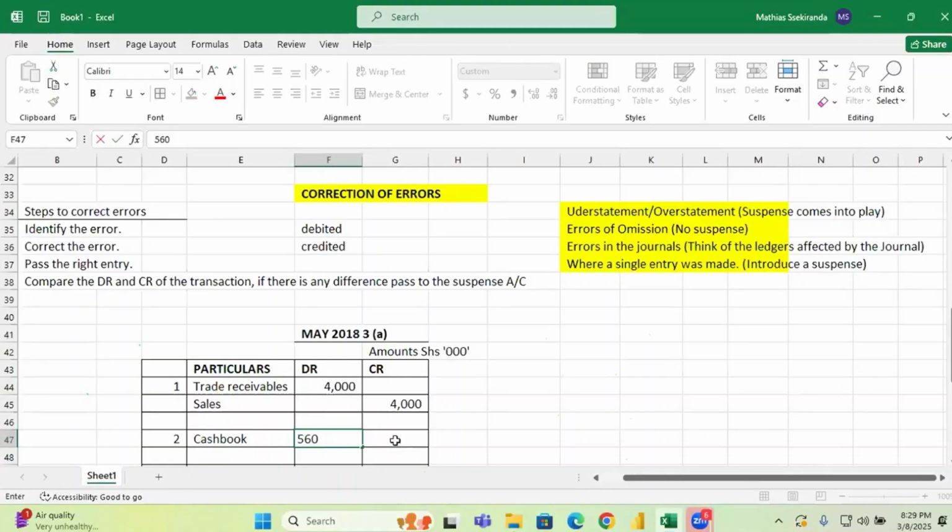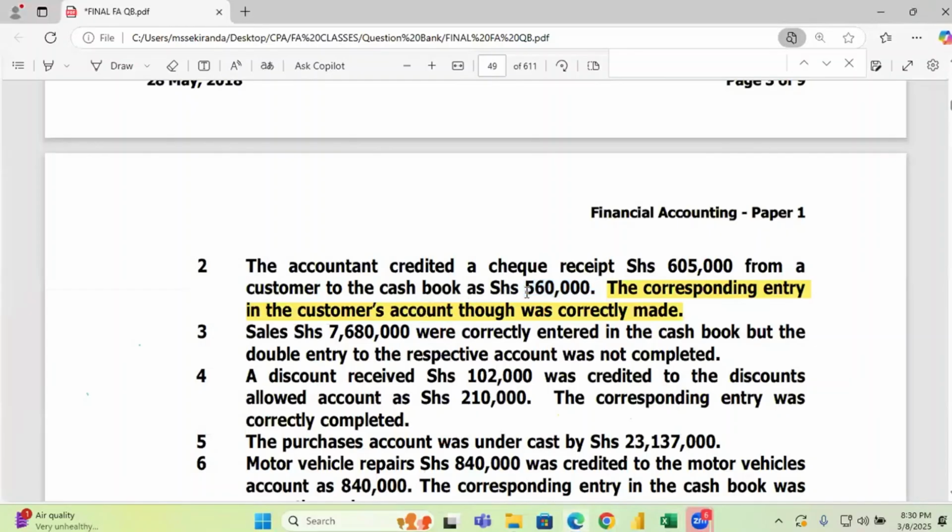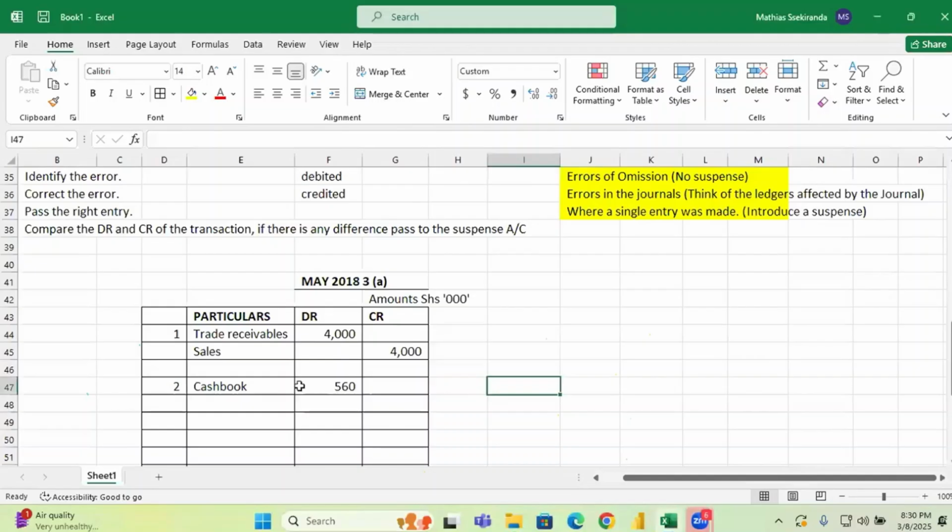Remember, he credited the cash book with 560 instead of debiting the cash book with 605. So when you are correcting the error, you pass the reverse entry to remove the other credit.